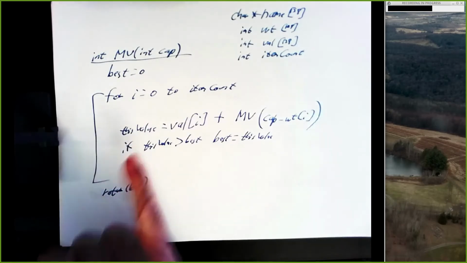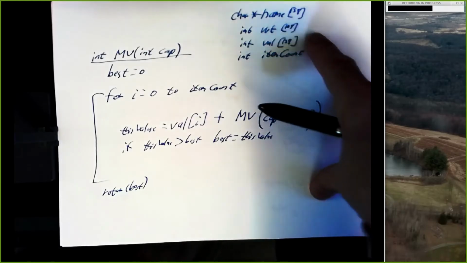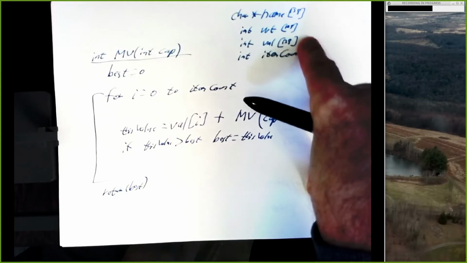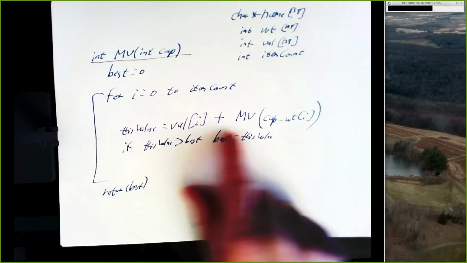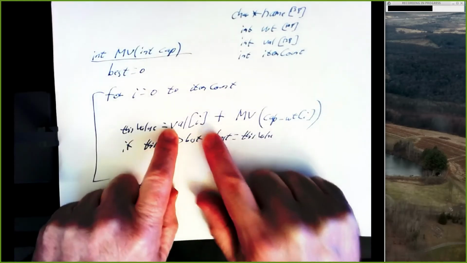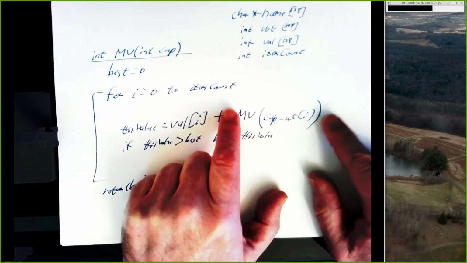Now there's one case where this is bogus. Suppose I have an item that's worth $1 billion and it weighs 1 billion pounds. Well, this calculation would say, hey, if I put that item in, I get $1 billion. I reduce the capacity of my bag by 1 billion pounds, so I can't get any value out of this.